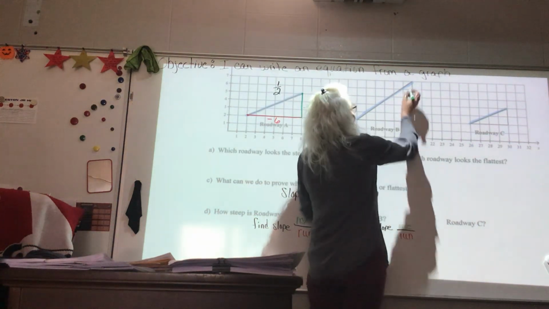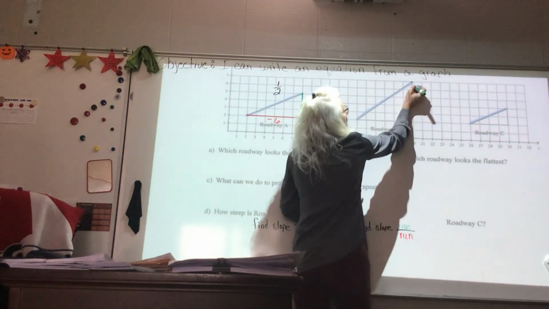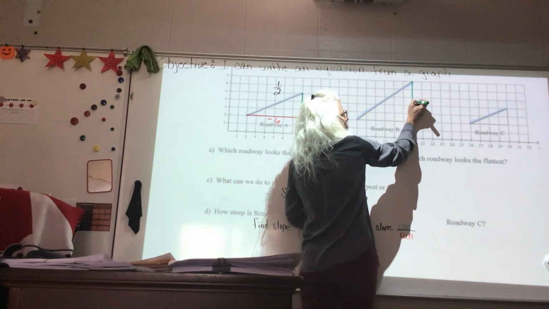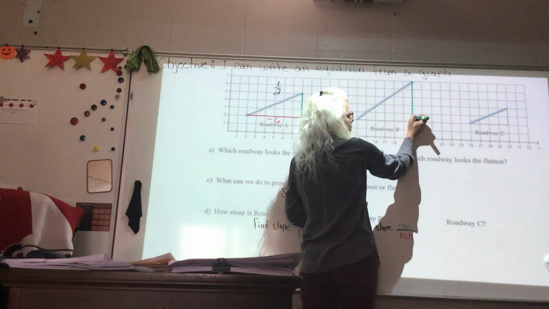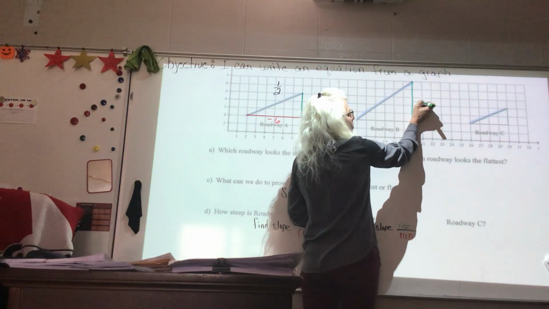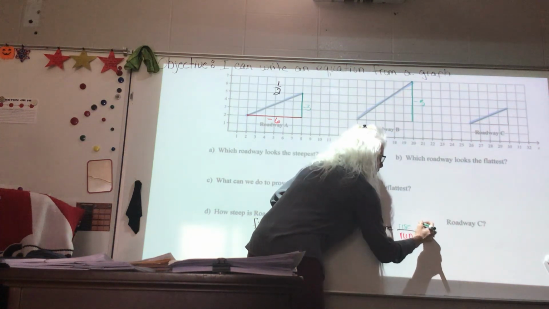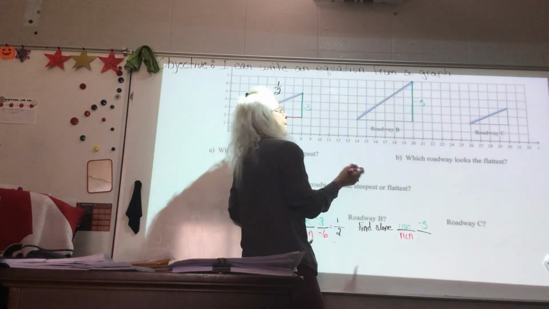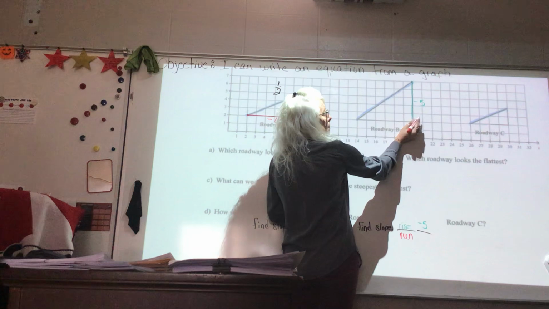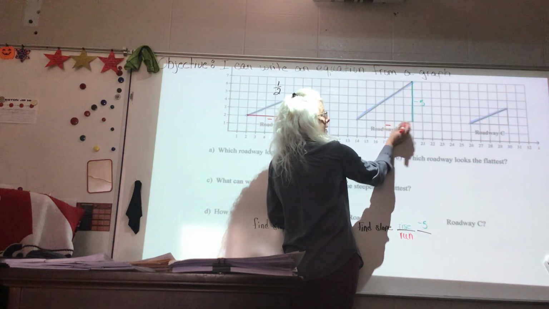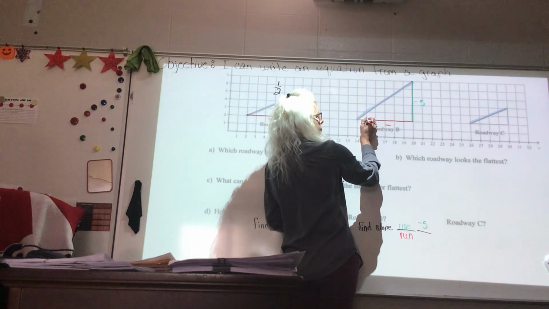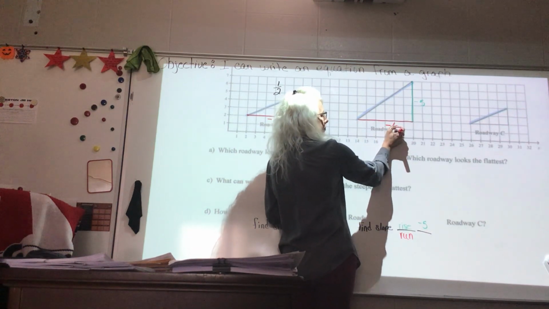So I'm going to start at the top, and I'm going to have to go down 1, 2, 3, 4, 5 squares. And then once I get down to the bottom, I have to run to the left, so negative 1, 2, 3, 4, 5, 6.